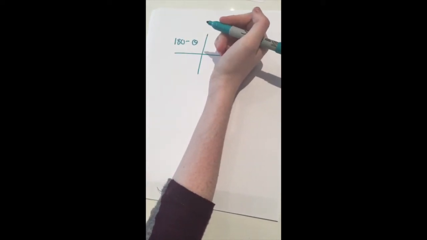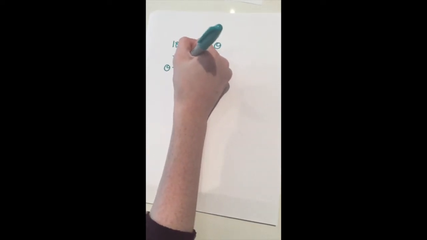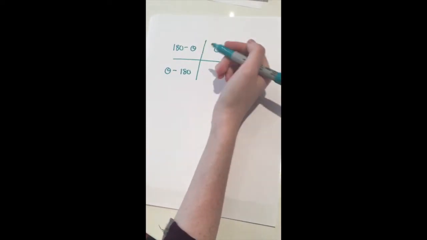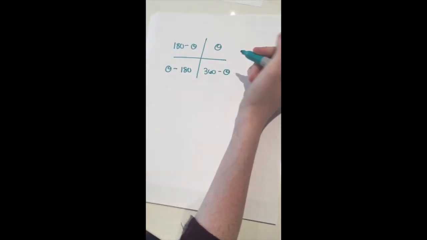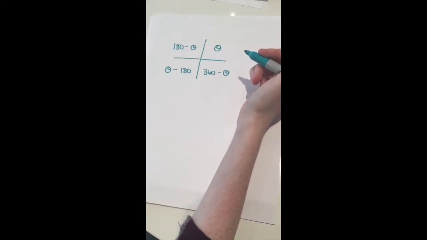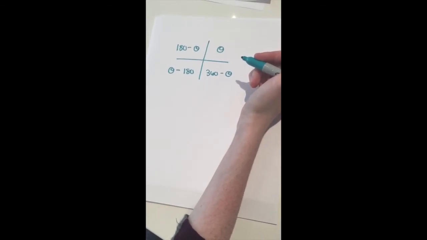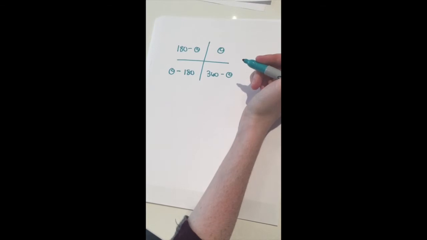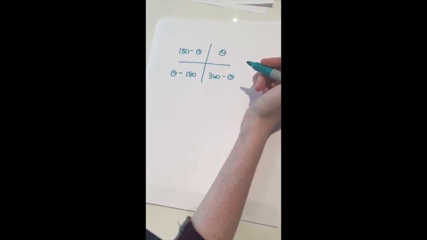In the third quadrant, the reference angle is the degrees minus 180, so theta minus 180. And the fourth quadrant is 360 minus theta. Once you find the reference angle, you plug it into your right triangle on your graph, fill in the remaining angles and sides, and find the exact value of your equation depending on if it's sine, cosine, tangent, cosecant, secant, or cotangent.